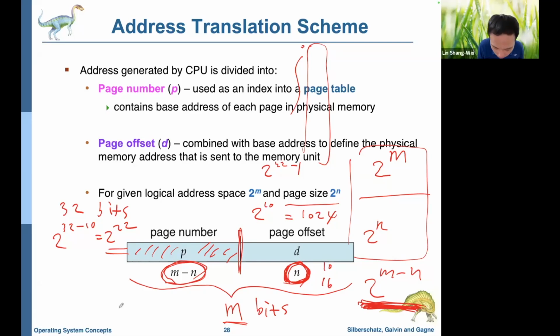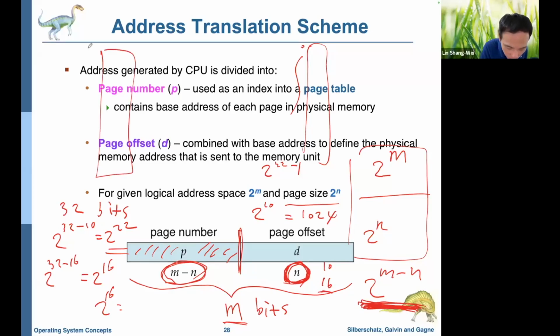So in this case, your page size will be 2 to the power of 16. How much is it? Anyway, you do the calculation. But let's see the number of pages that we have. It will be 2 to the power of 32 minus 16, which is 2 to the power of 16, right? Meaning that in this case, your page table will have entries from 0 to 2 to the power of 16 minus 1.